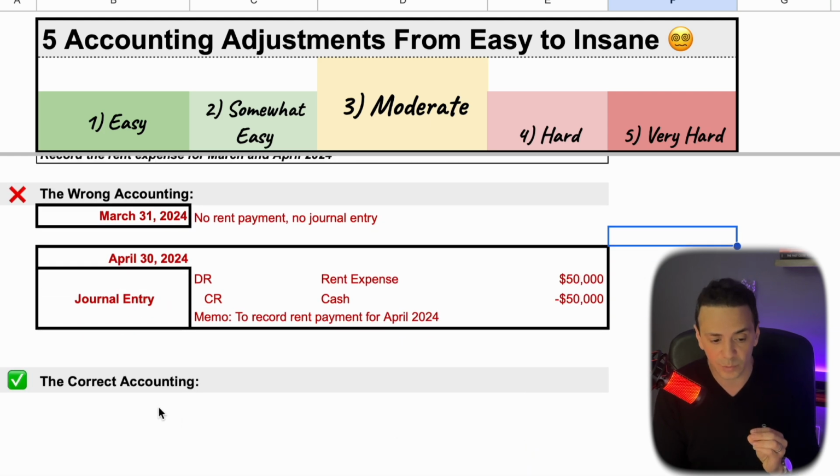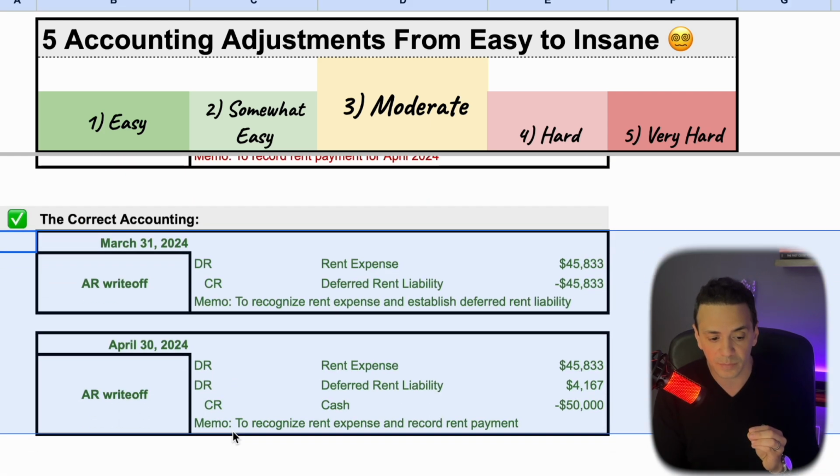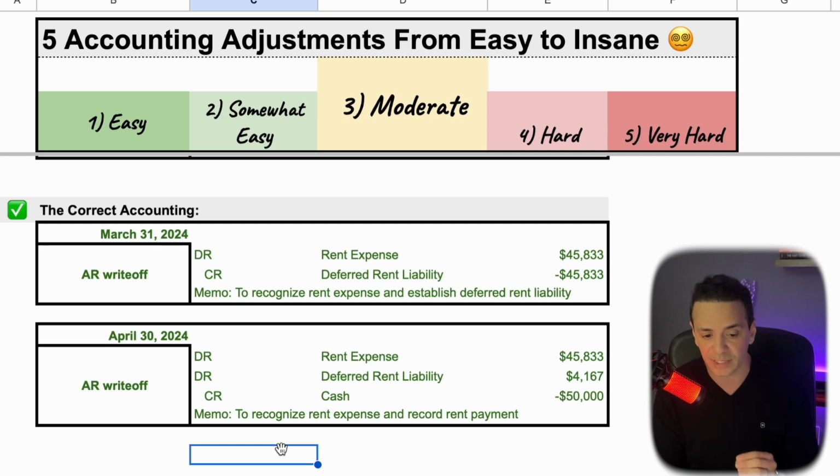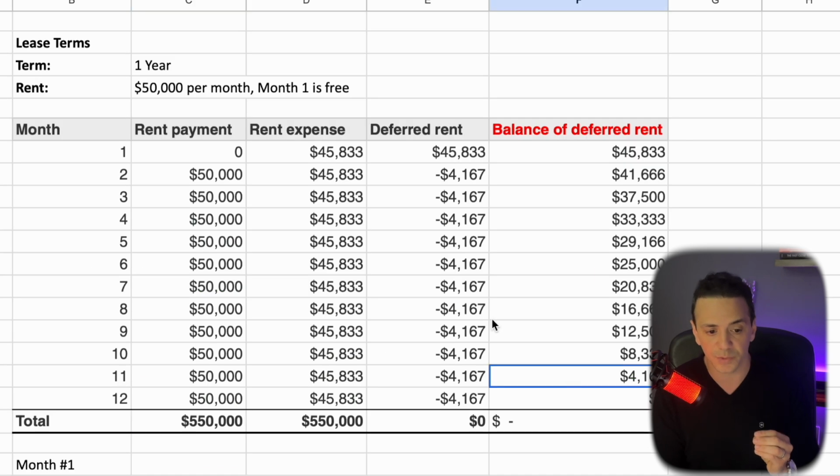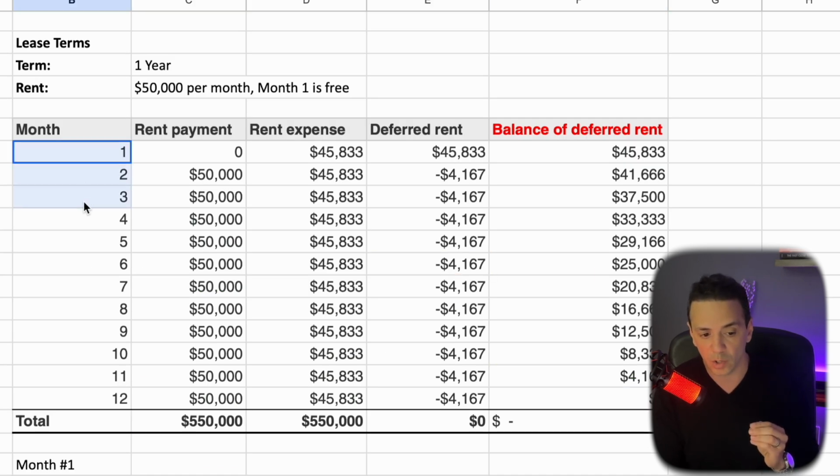The correct way to do this is to recognize expense on a straight line basis. So you would create a deferred rent calculation. I'll show you here in a second. So here's my schedule that shows all of the months in the year from 1 to 12, the rent payment going from 0 and then $50,000 each month.